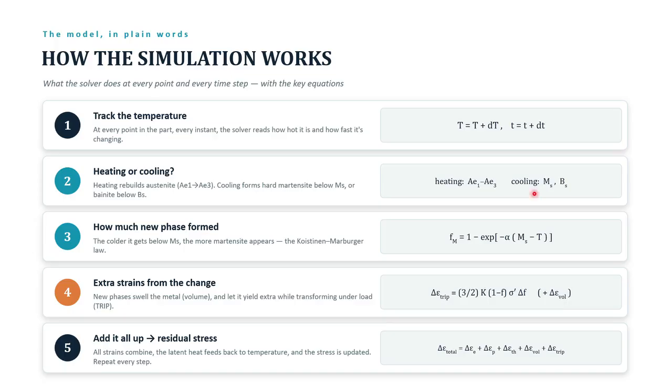The colder it gets below Ms, the more martensite we get. After that, it adds the extra strains: the volume growth and the transformation plasticity. Finally, it puts everything together and updates the stress. This loop repeats again and again until the part is fully cooled.